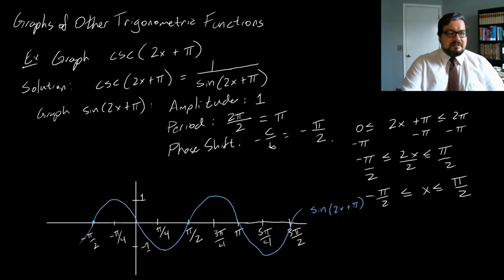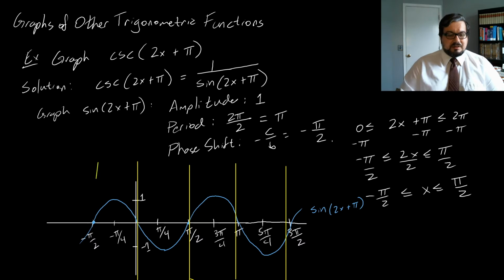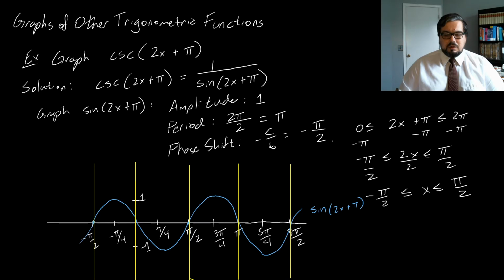So I'll give my asymptotes in yellow, and the asymptotes of cosecant are going to be where the yellow lines are, and I'll fix those locations in a second. So first of all, this is where the asymptotes of cosecant are going to be.